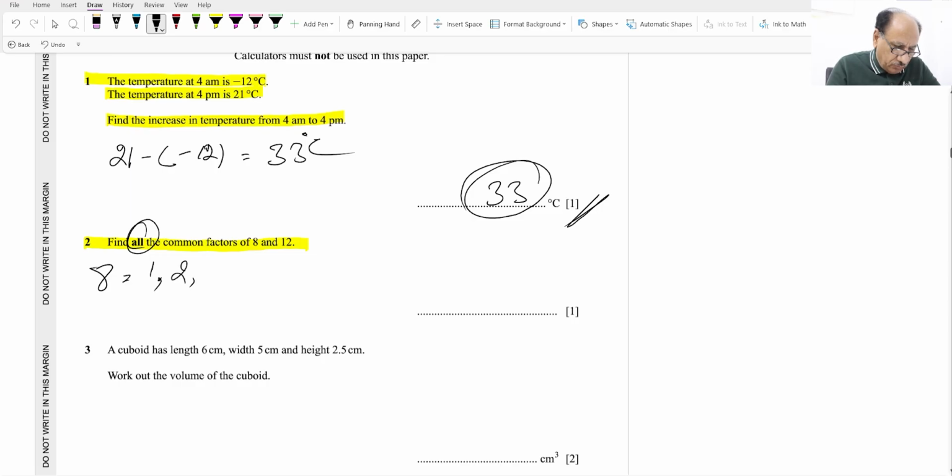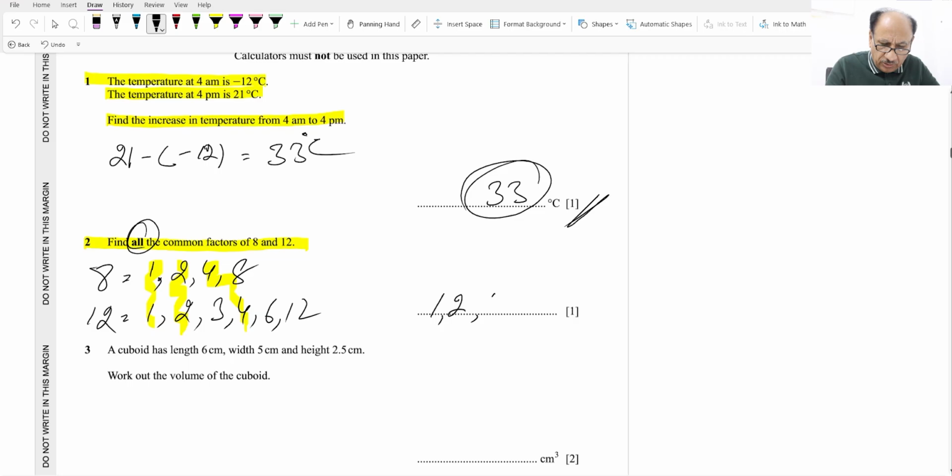So 1, 2, 4 and 8, and 12 is divisible by 1, 2, 3, 4, 6 and 12, and common factors are 1, 2 and 4. So our answer will be 1, 2 and 4. These will be the common factors. This is also for 1 mark.